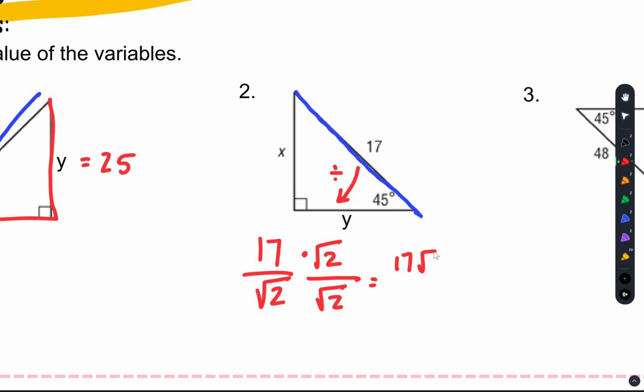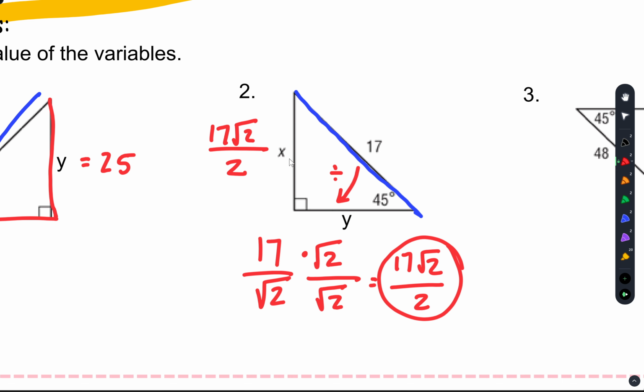We get 17 radical 2 over 2. I do not want to see any decimals or anything. 17 over 2 is perfectly fine. If you had something that could simplify, like if it was 16 over 2, you could simplify that to 8, but that's good how it is. So that's for y. X is the same because it's also a leg, 17 radical 2 over 2. Questions on that?